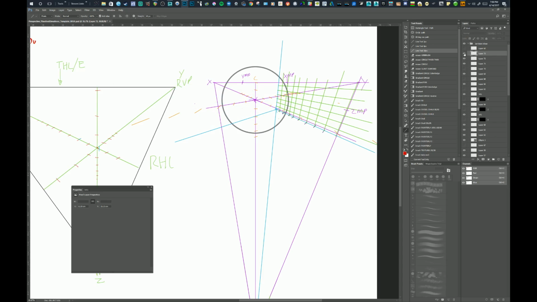So I add another layer. Each one of these is on the ground now, so I'll make the floor red. This will be the Z plane.